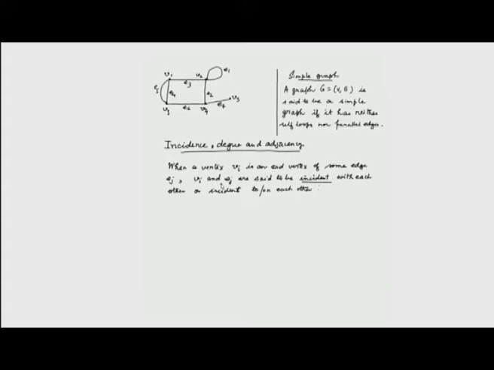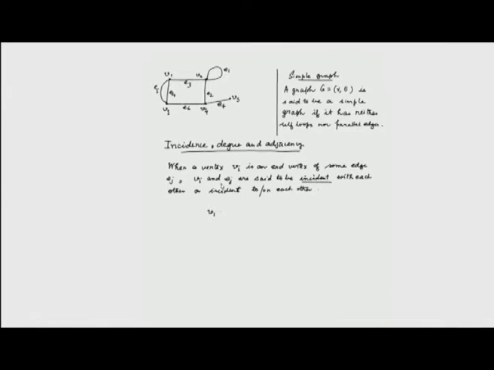Now, let us look at the graph that we have here and see some examples of vertices and edges incident with each other. If we consider the vertex V1 and the edge E3, they are incident with each other.